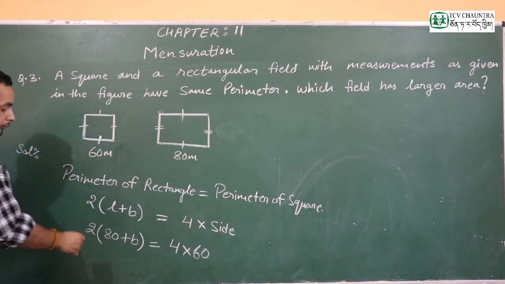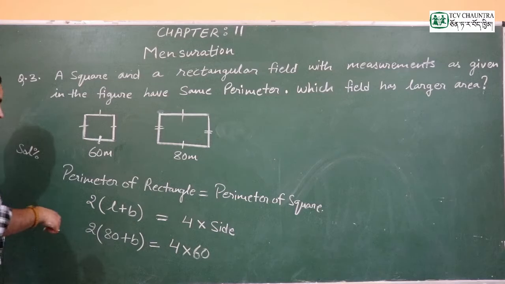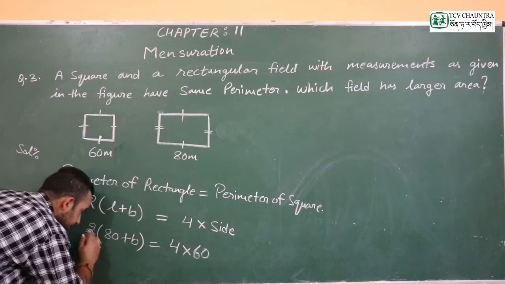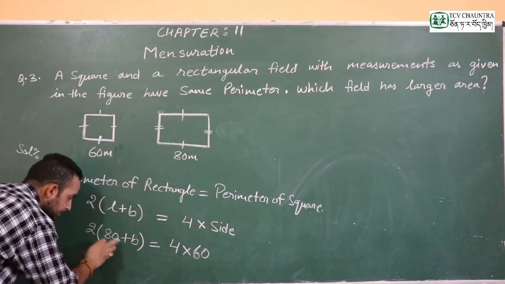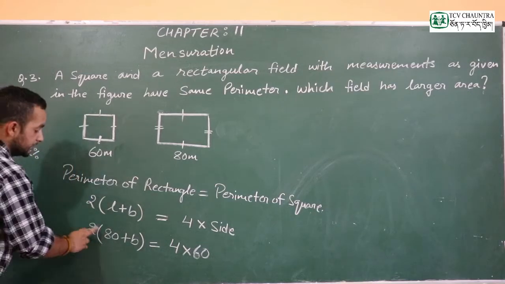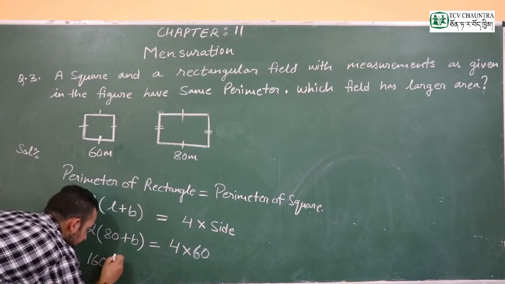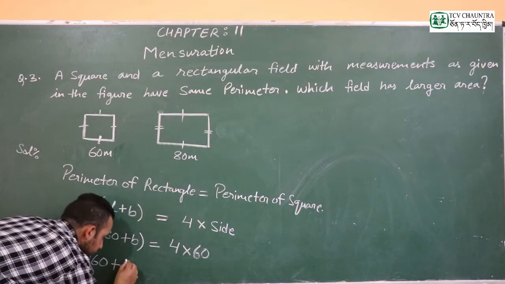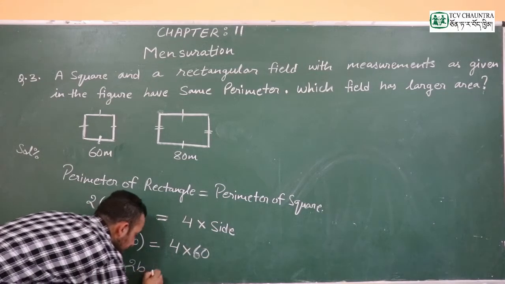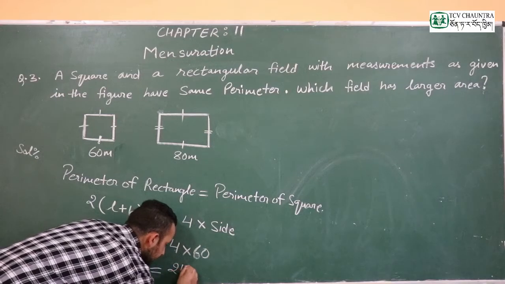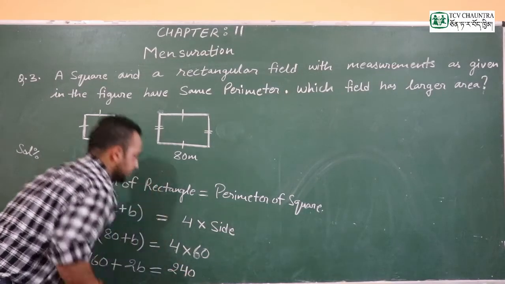When you open the bracket, you apply the distribution method. 2 multiplied by 80 gives 160, 2 eights are 160, plus 2b as it is, and 4 sixties are 240.